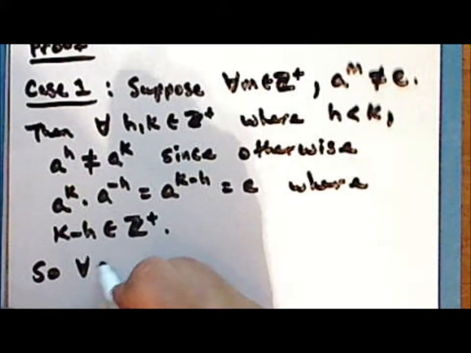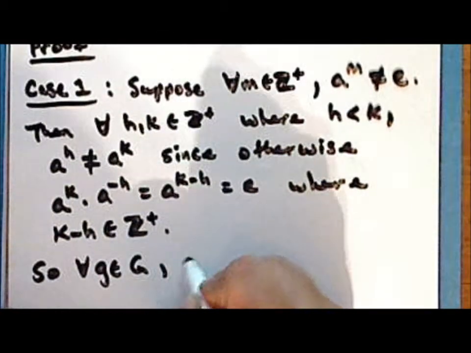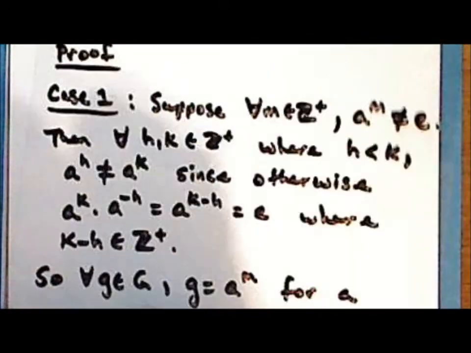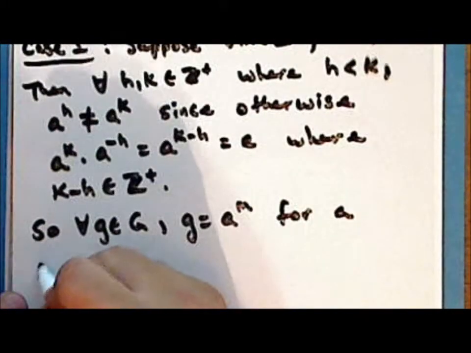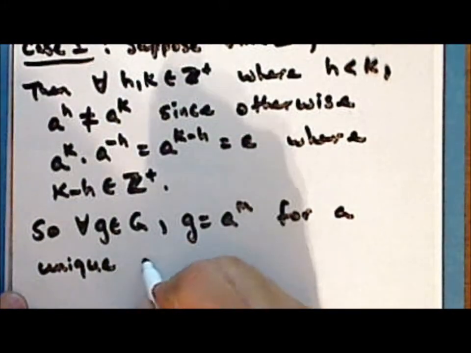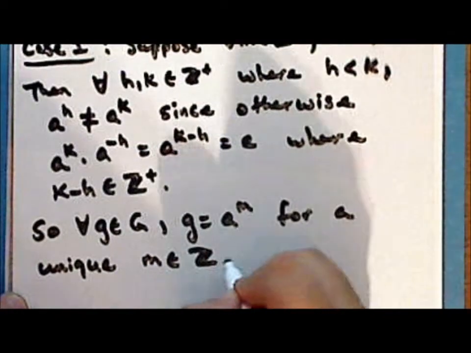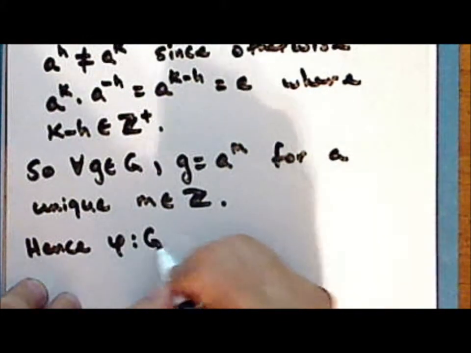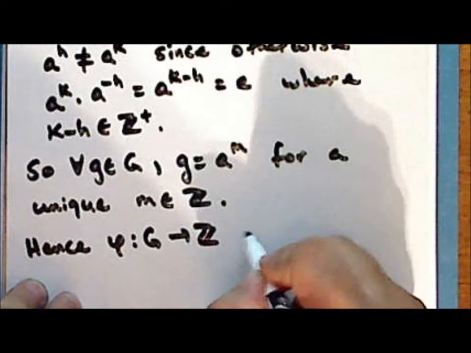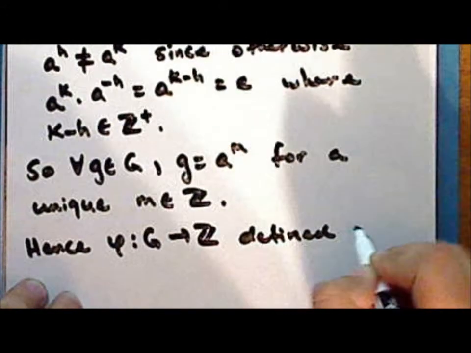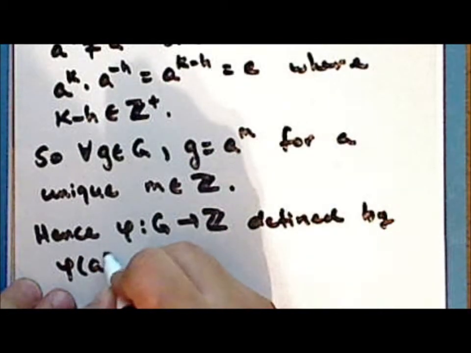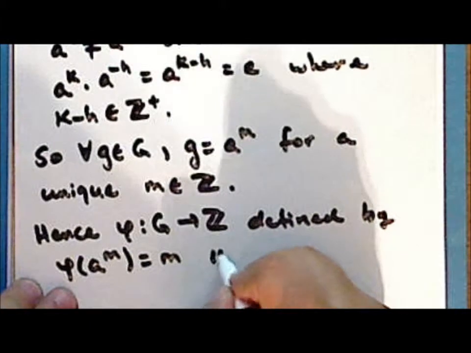And so for every element g in the group, g is equal to a to the power of m for a unique integer m, and hence the function phi mapping G into the integers defined by phi of a to the power of m is equal to m is a bijection.